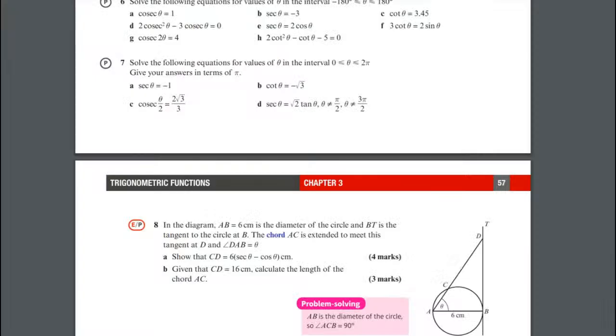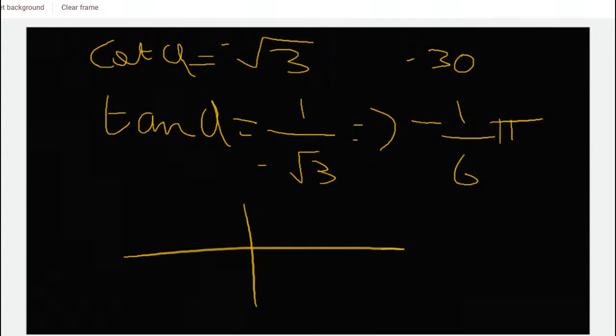Okay. So you get minus pi by 6, but you have to go from 0 to 2 pi. So this is not it. I'll have to take this one and this one, but tan is negative, right? Yes, very good. First of all it will be minus 30.